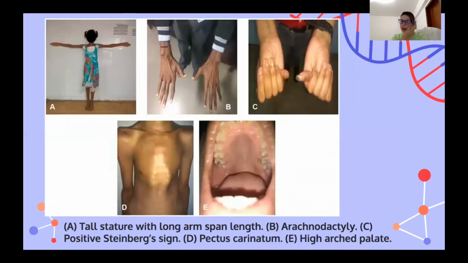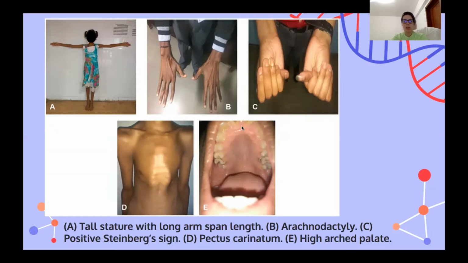Here we see 5 important features. We see the tall stature with the long arms. We see the long fingers. And then in C, we see a positive Steinberg's sign, which is a test done to diagnose Marfan syndrome.